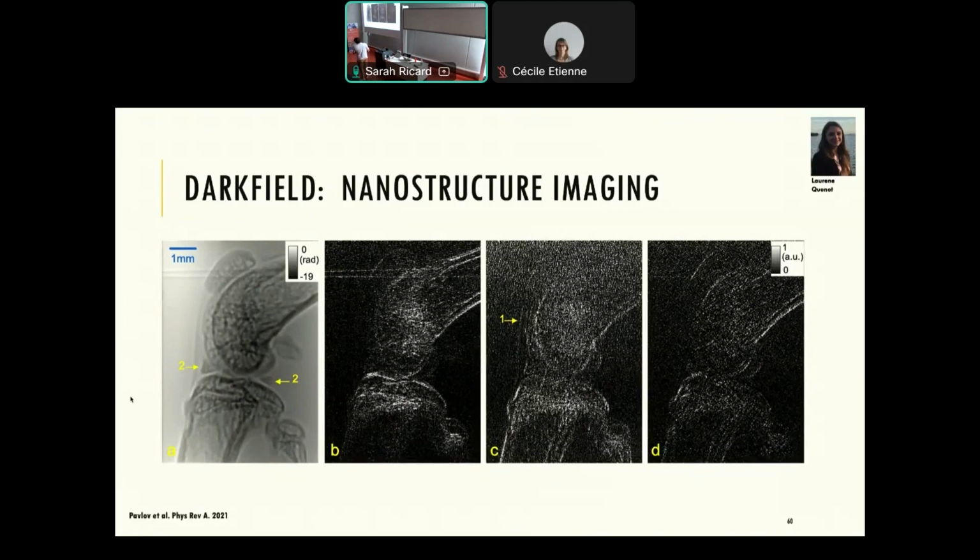Here we see a strong signal, probably due to the hydroxyapatite calcium here that induces a lot of dark field scattering signal, while here in the calcified cartilage zone we don't see that signal. That is something that we want to investigate in the future, and that we will do in different models.